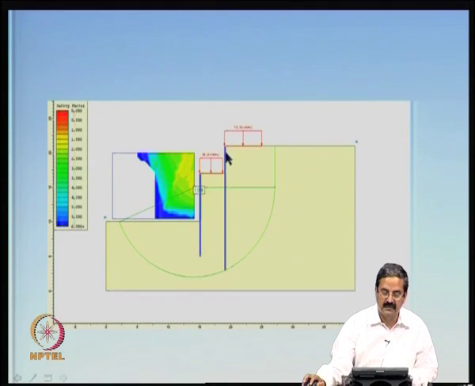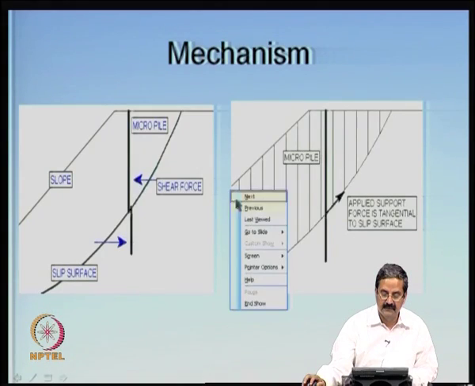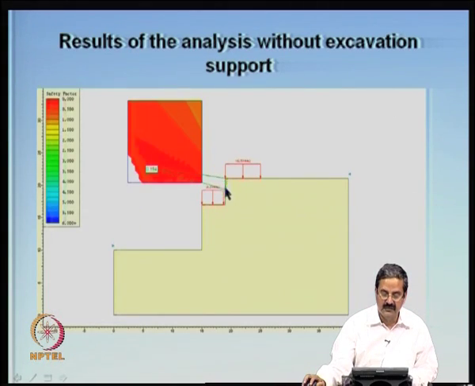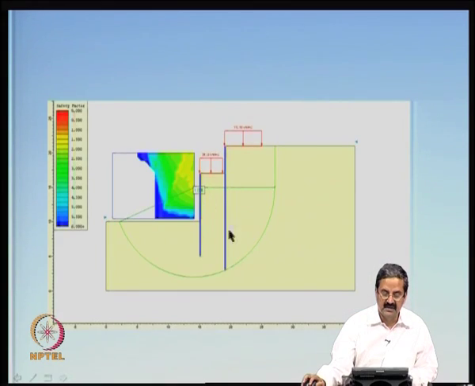This is the type of diagram that you get. In the previous case, you have a number of shear failures that could occur. This is the load that we have, and this is about 10 meters actually, and this is the way that it should happen, and then the factor of safety is quite good.